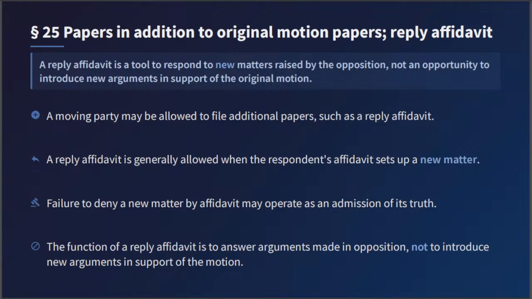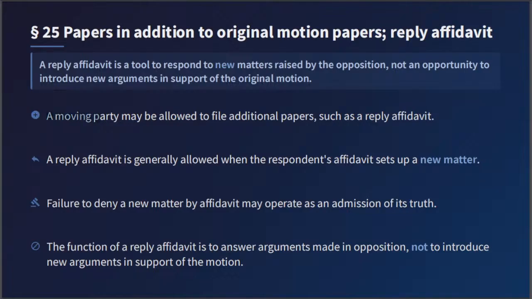And now we're on to section 25, papers in addition to original motion papers. And here it is, the reply affidavit. A reply affidavit is a tool to respond to new matters raised by the opposition. It's not an opportunity to introduce new arguments in support of the original motion.